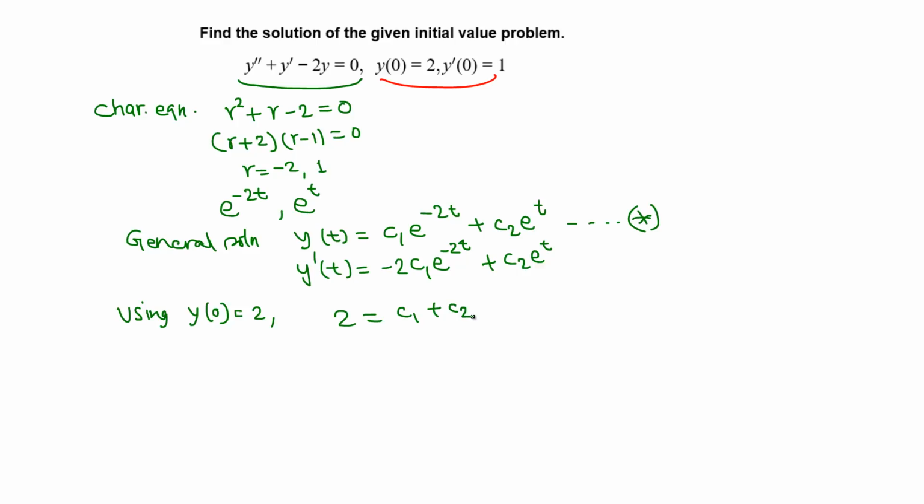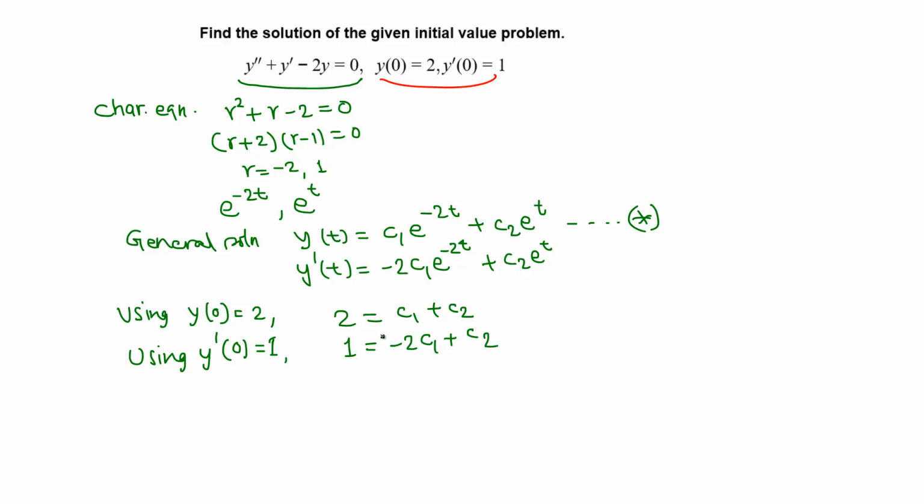C1 plus C2. And using the second initial condition, y prime at 0 equals 1, in the second row, y prime is 1 when t is 0. So e to the 0 is 1, so negative 2 C1 plus C2 e raised to 0, which is 1 C2.